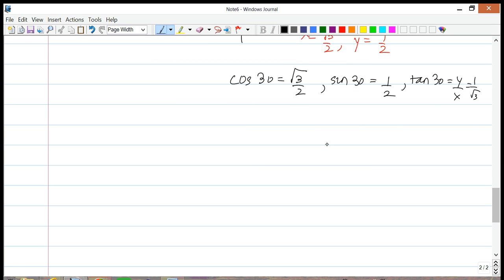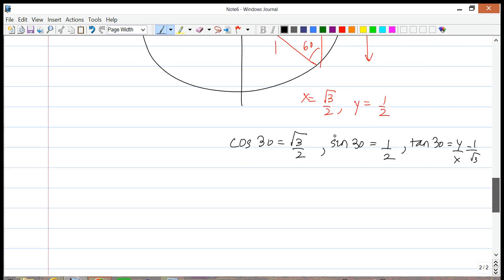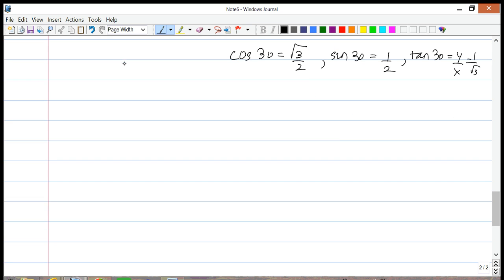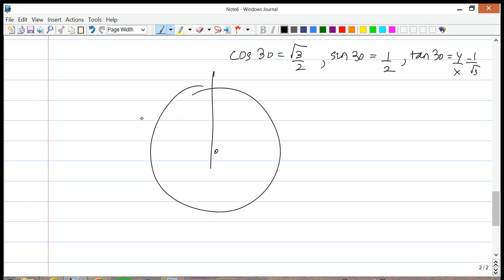Okay. We could play the same game and figure out the values for 60. So let's just draw the 60s. For 60 degrees, if this is 60 degrees, I can draw another equilateral triangle like so. And this gives me, this is 60, this is 60.